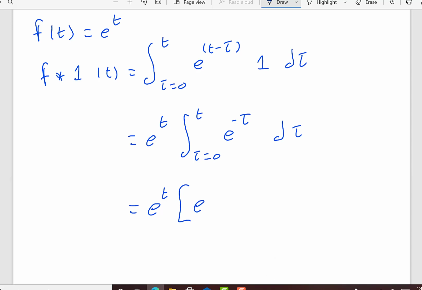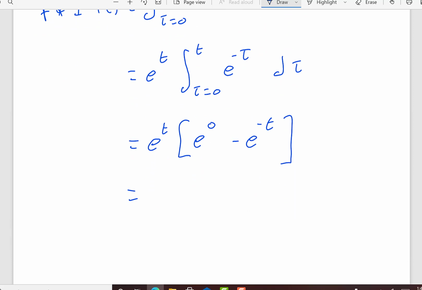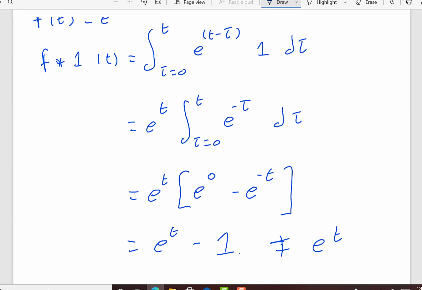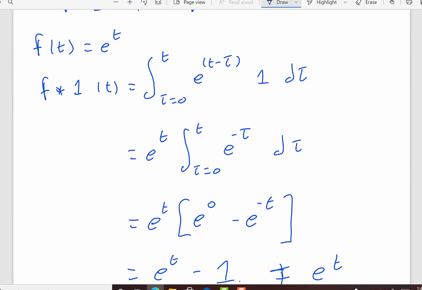So this is e to the t times (e to the 0 minus e to the minus t), which is going to be e to the t minus 1. And this is definitely not equal to e to the t. So this gives one example showing that f convolved with 1 is not equal to f.